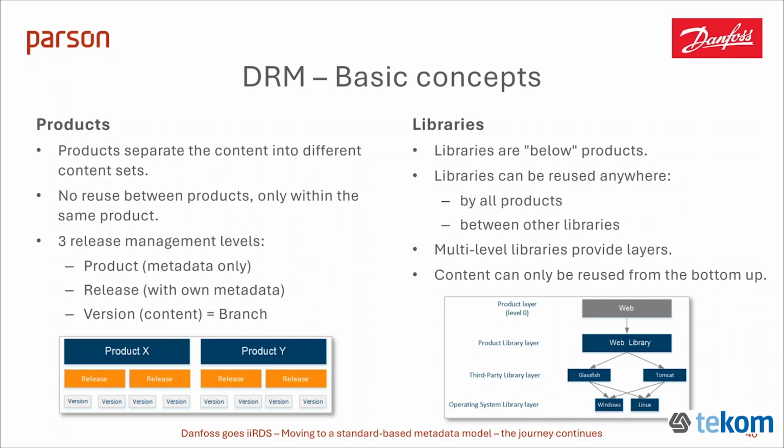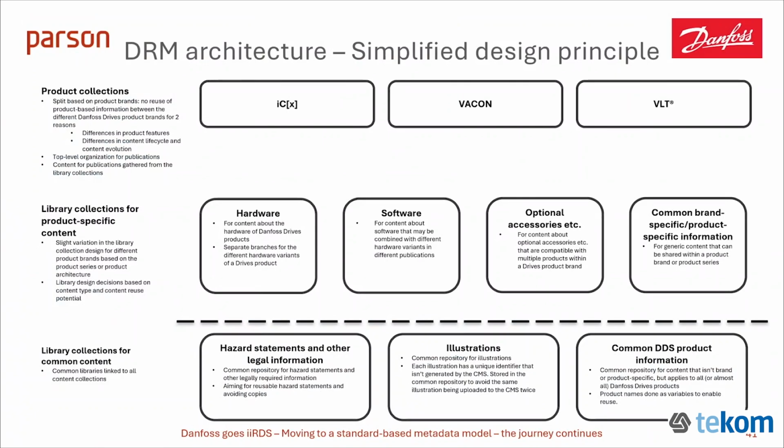So on the library level, reuse is possible, right? Sounds a little bit strange, maybe, but maybe this picture explains it a little bit better. This is not how it actually looks in the system, it just explains the concept, right?